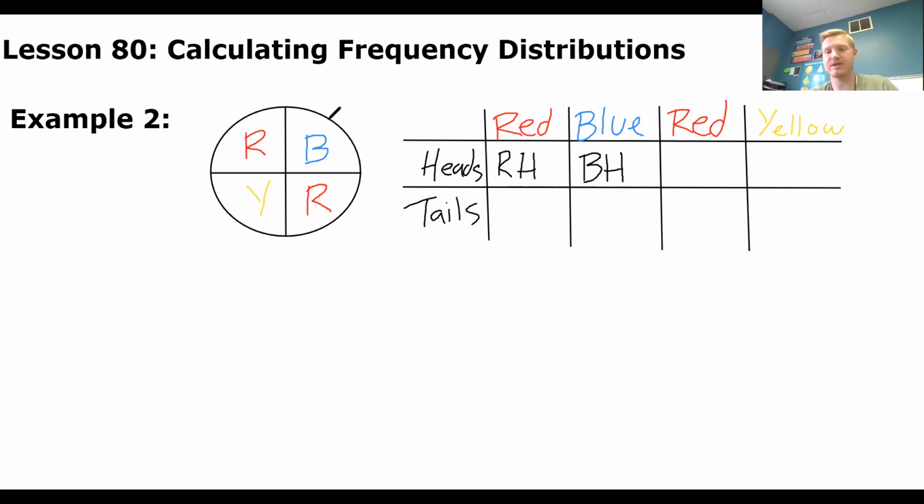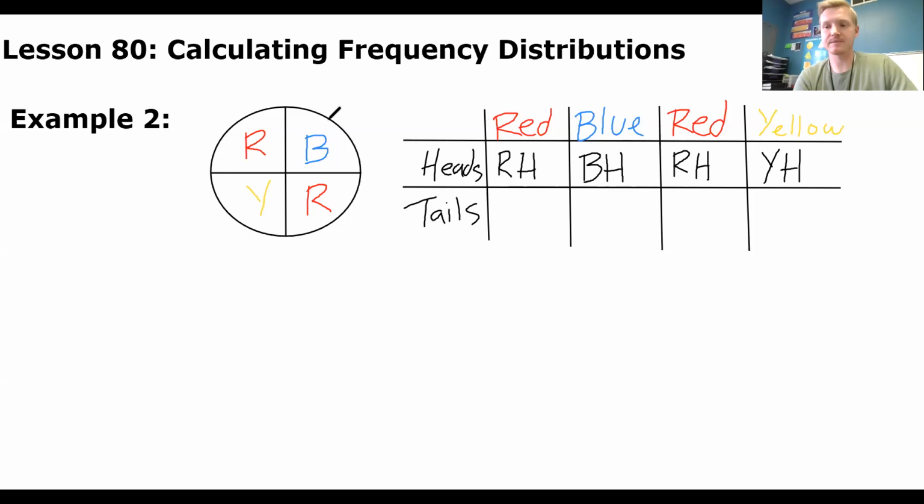As you can see, it's going to be heads all the way across. So what's the probability of me spinning my spinner, it landing on red again? Well, I have red right here, and I have heads right here. What about yellow? Well, I would write Y for yellow and H for heads. Okay, so that's all of my probabilities of flipping a coin and getting heads.